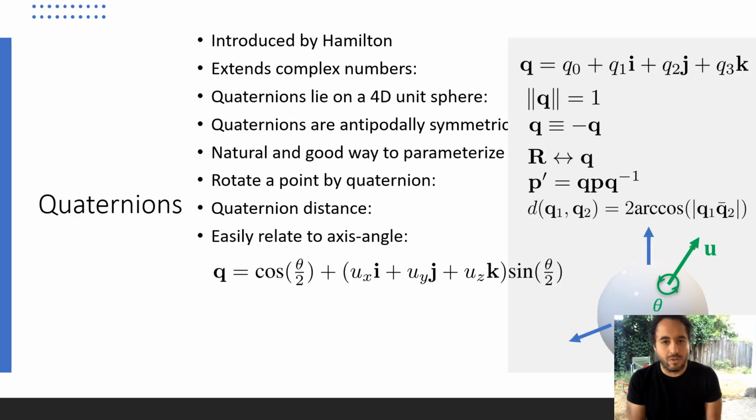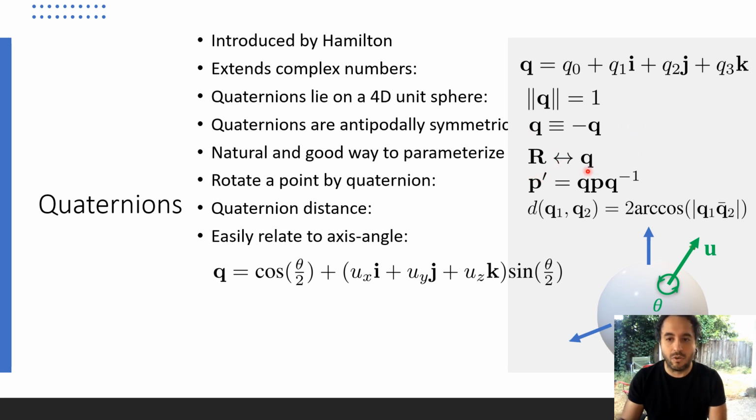Let me explain the quaternions just a little bit. I will give a quick recap, and the purpose of the tutorial is not to explain quaternions very deeply. So they are entities that extend complex numbers. So we are speaking of 4 quantities here, Q0 to Q3. So it's in 4D. However, they belong to a unit sphere where the antipodally symmetric points are identified with the same rotation, which means that Q and minus Q represent the same rotation. And there is always a map.